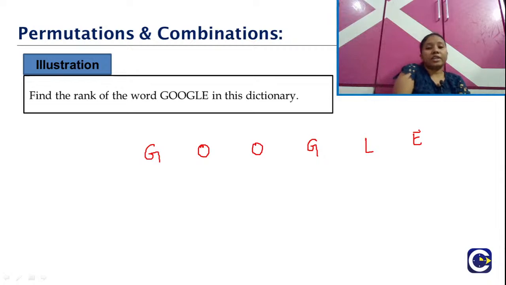Quickly do it. Here you can identify this word GOOGLE will fall into our second case which we have discussed just now. So follow the procedure and let me know the rank of the word GOOGLE.